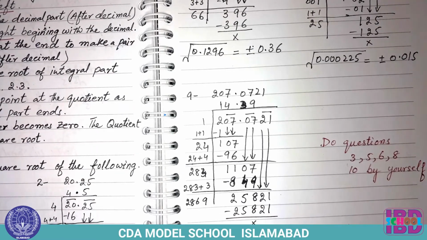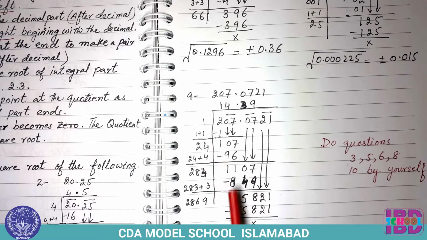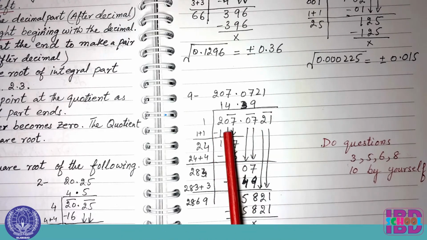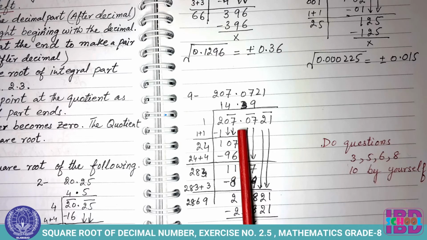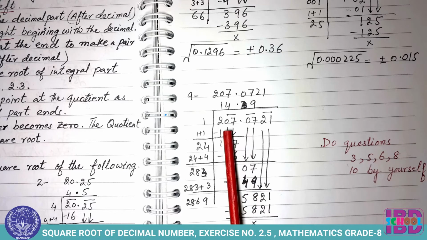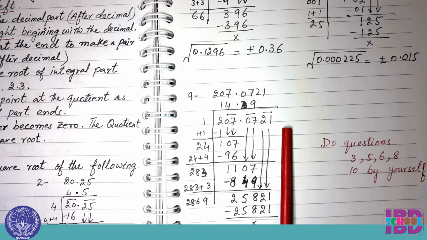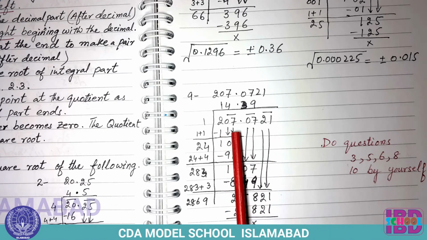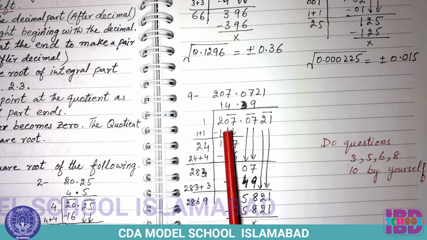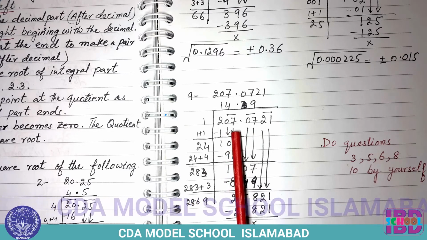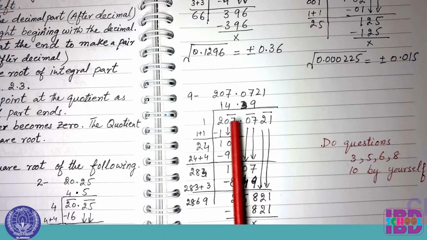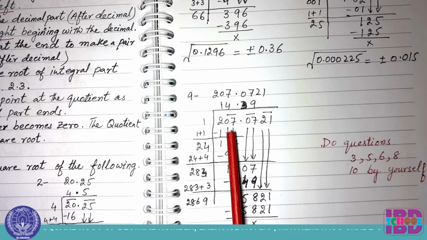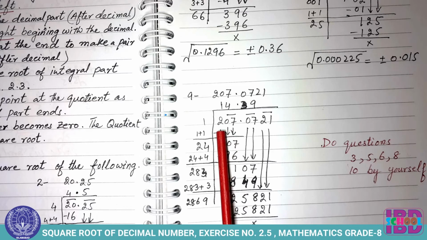In question 9, we have to find the square root of 207.0721. First we draw these lines and then we do the pairing. And when we do the pairing, we start from this decimal point and go in both directions. When we go to its left direction, we have 0 and 7. 0, 7 will make the first pair, where 2 will be alone.